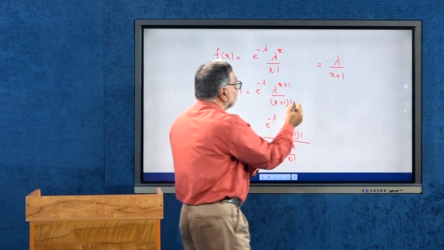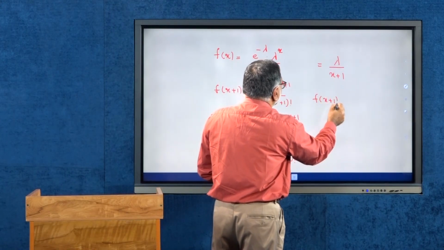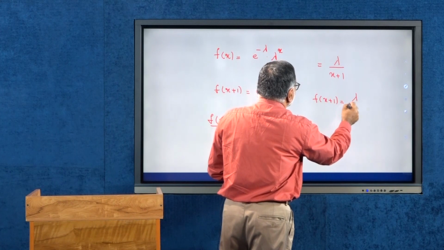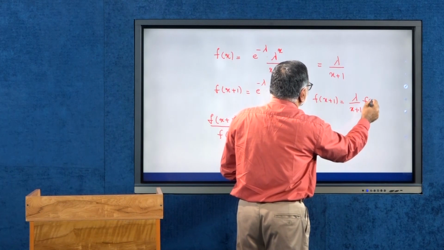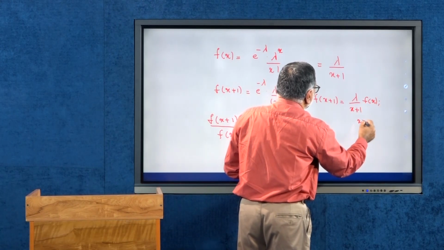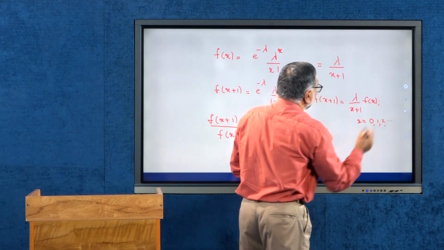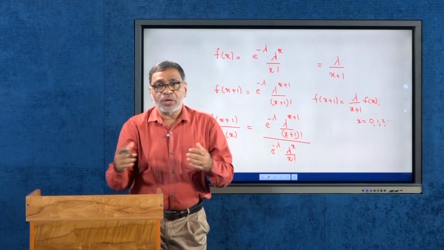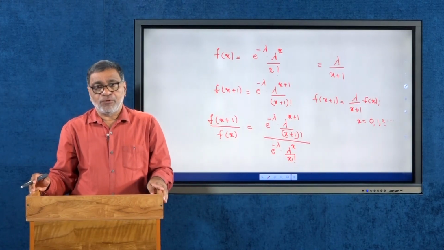So, f of x plus 1 is nothing but lambda divided by x plus 1 into f of x, where our values of x are 0, 1, 2, etc. So, f of x plus 1 is equal to lambda divided by x plus 1 into f of x.